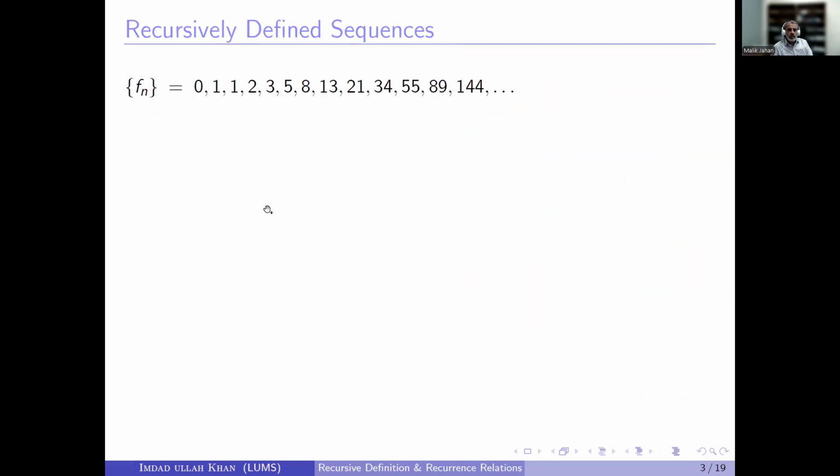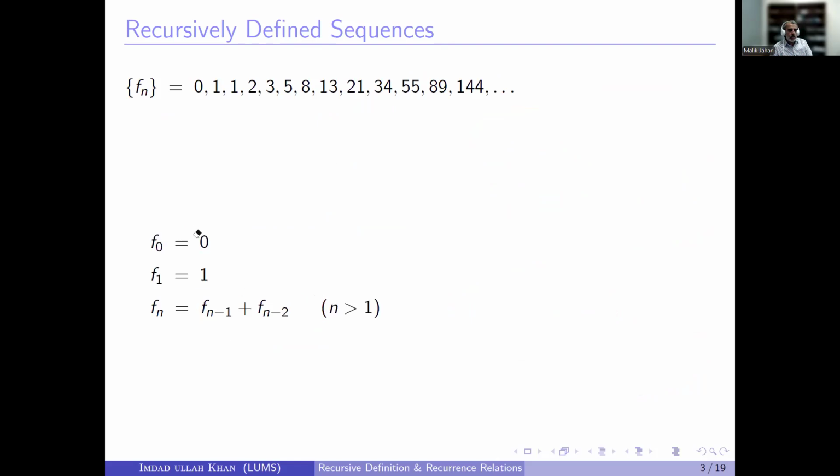So let's start with the recursive definition of sequences. The first example is Fibonacci numbers. Fn is the nth Fibonacci number. The recursive definition is that a Fibonacci number is the sum of the previous two Fibonacci numbers. In addition, what is the base case?